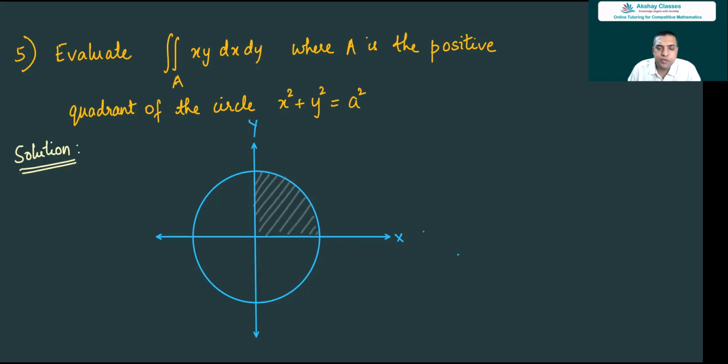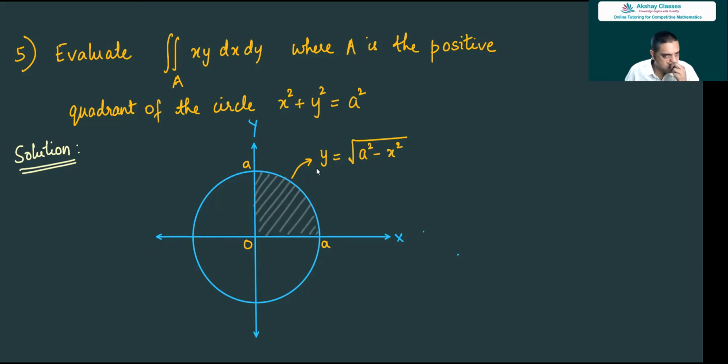Now, because of symmetry, we can integrate either with respect to x or with respect to y. So this portion of the function, now this is y in terms of x. So y will be under root of a square minus x square.